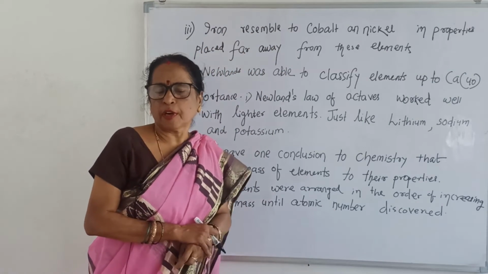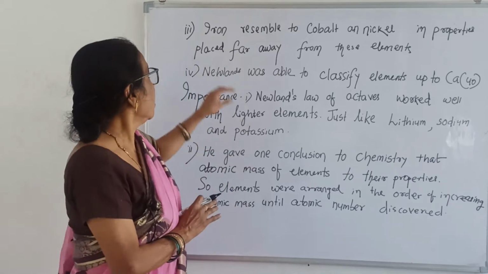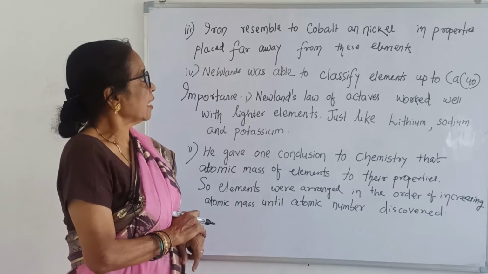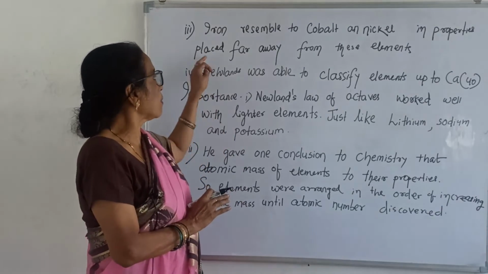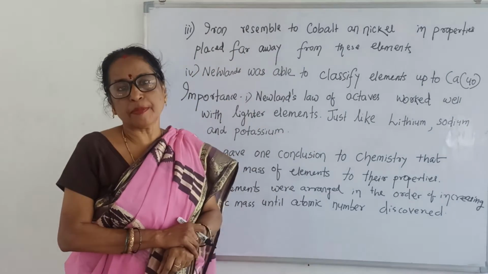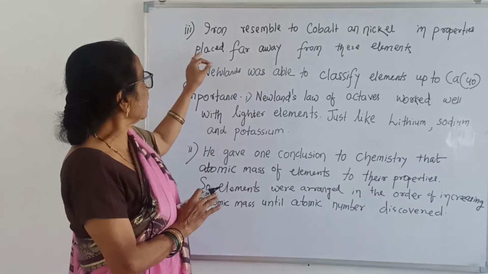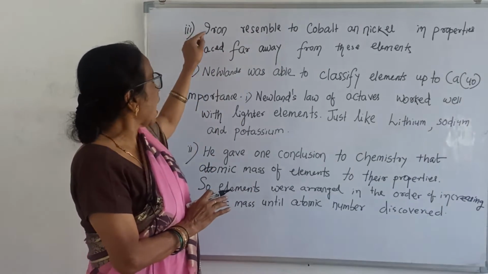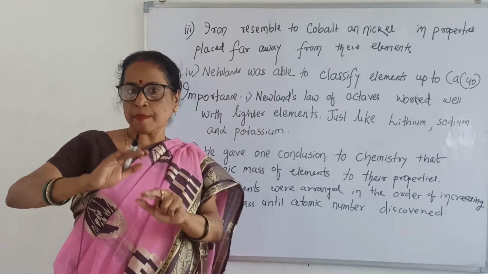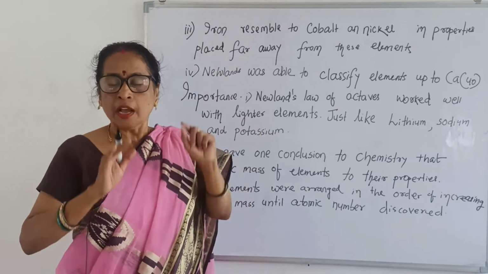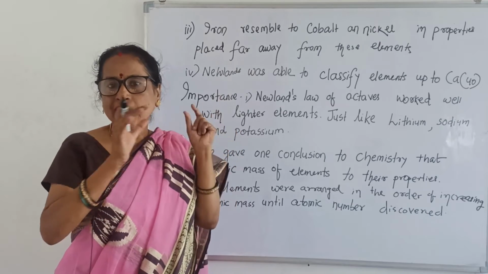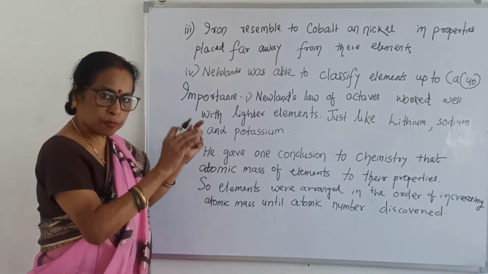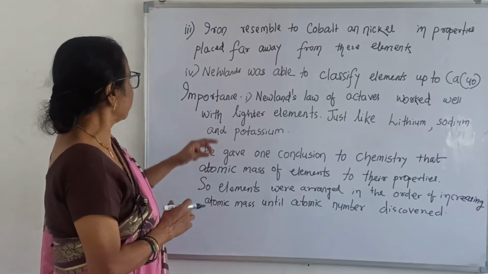Even in the modern periodic table you can find iron resembles cobalt and nickel, but Newland placed these elements far away from each other. The iron is placed far away from cobalt and nickel, but actually the three elements are very similar in nature and properties. They should be placed in one place.